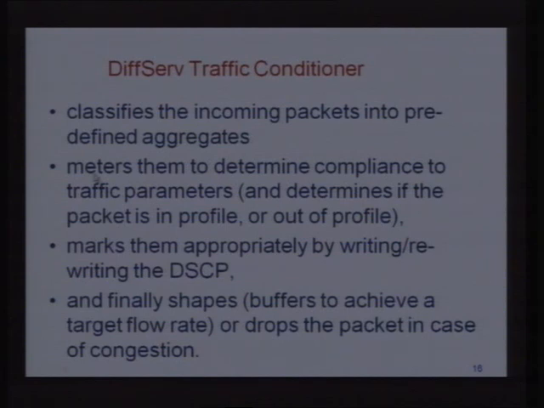Then we use the metering process, which is used to determine the compliance of the traffic parameters. Once that is done, we mark them, using one of the fields in an IP header called DSCP, the Differentiated Services Code Point. And once it has been marked, we need to shape it. So either we buffer it or we drop it.